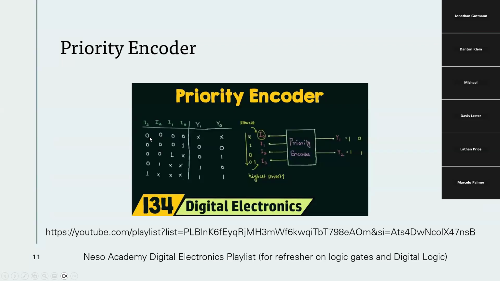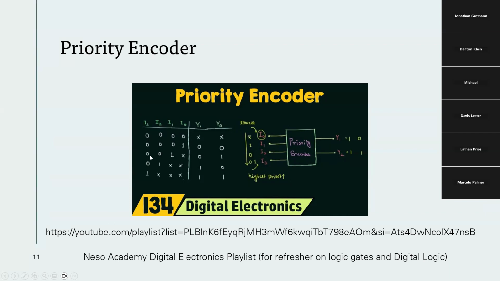Similar to the mux that we had, this is the truth table, and this is what the priority encoder looks like. As you can see, the way a priority encoder works is, let's say we have a 4-bit input. In this case, it's called I3, I2, I1, I0, right?